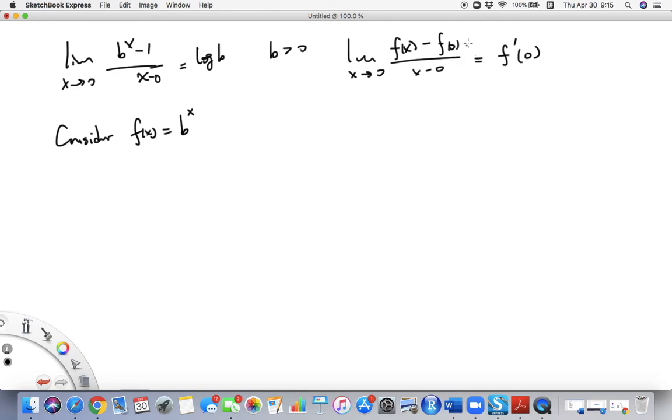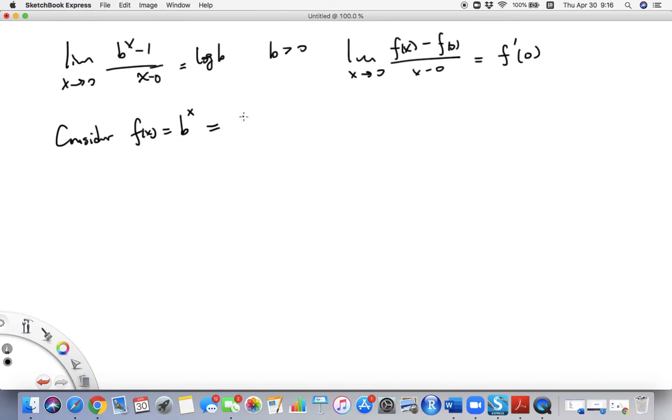Okay, so now if f of x is equal to b to the x, then f of 0 is equal to 1, right? So that's exactly that. So this really is the derivative of this function at 0. Okay, so to compute the derivative of this, we have to first convert it to some function that we are familiar with.